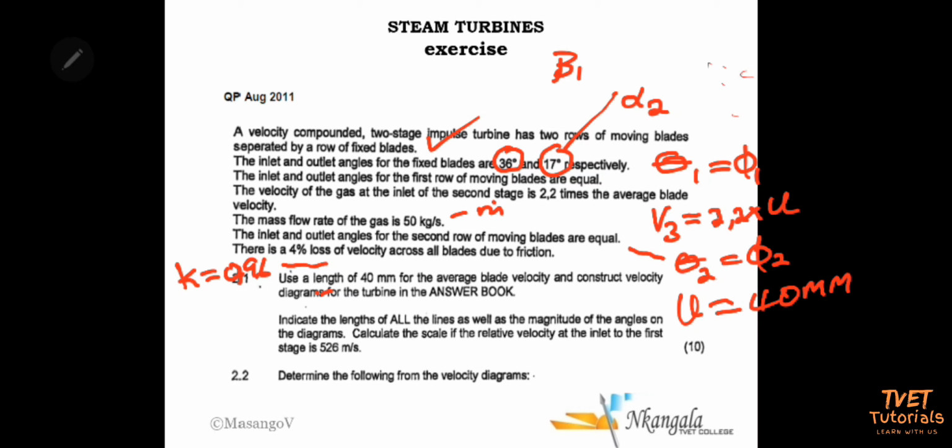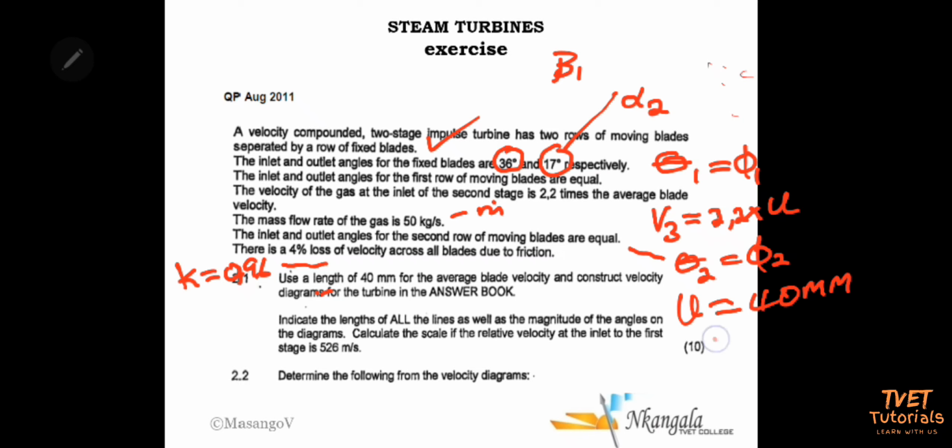And then if maybe you want to just go through this one. So now on this one also they are saying calculate the scale. As I was saying, the scale is going to be something that they are looking for. They're saying calculate the scale if the relative velocity at inlet to the first stage is 526.